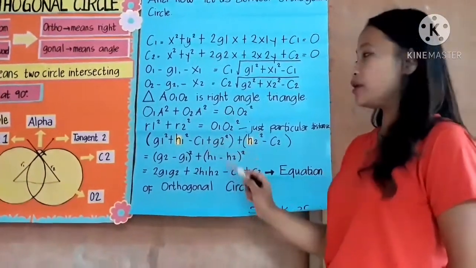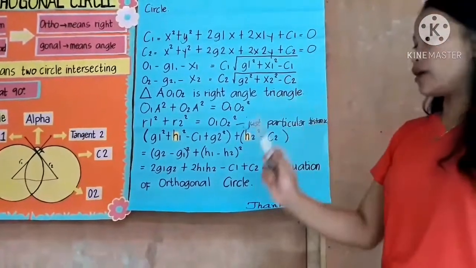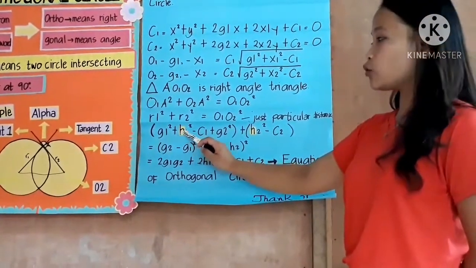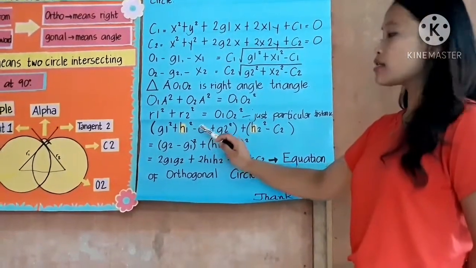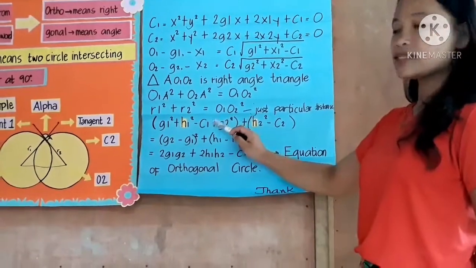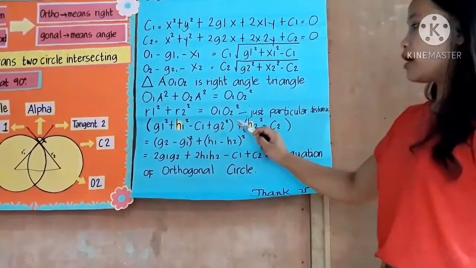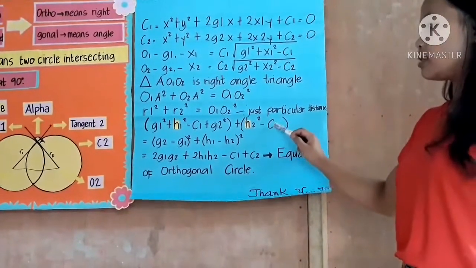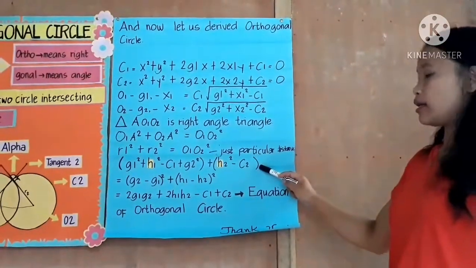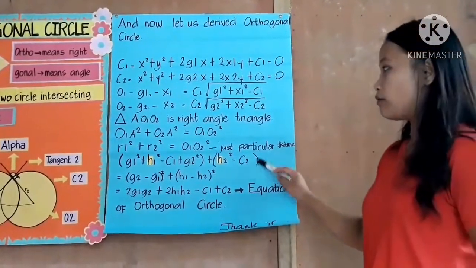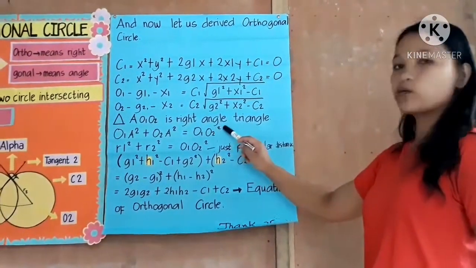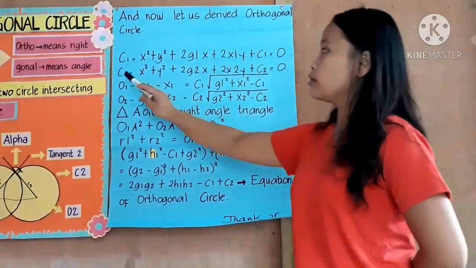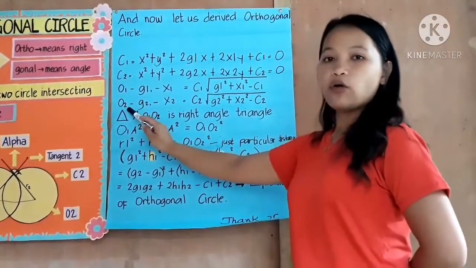Since we already know that the squares of the radii are g1 squared plus h1 squared minus c1 plus g2 squared plus h2 squared minus c2, this is equal to the distance of O1O2 squared if we use the coordinates of O1 and O2.